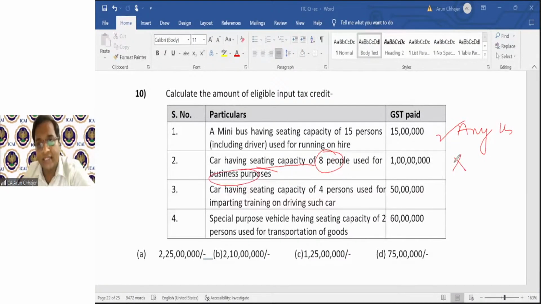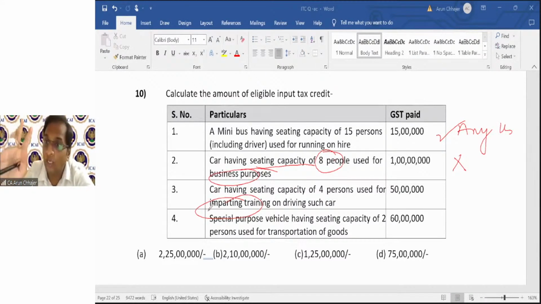See, what we are discussing is the section 17(5) blocked credit, please remember this part. Section 17(5) starts with a non-obstante clause, irrespective of section 16 or 18. It means even though it is your business, I will still not give ITC, except in certain cases like imparting the training or driving such motor vehicle, further supply of the motor vehicle, transportation of goods, or motor vehicle with more than 13-seater capacity.